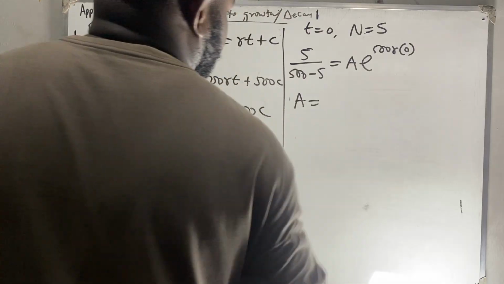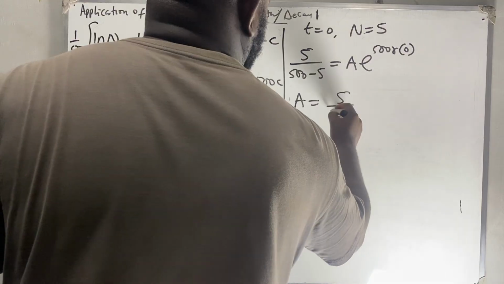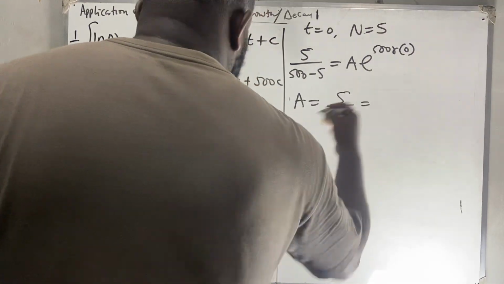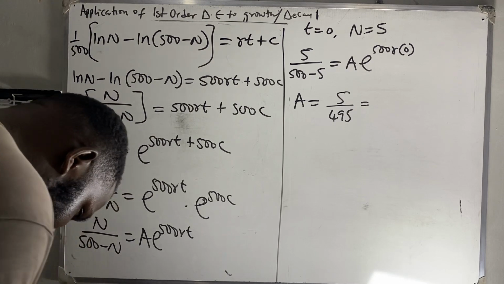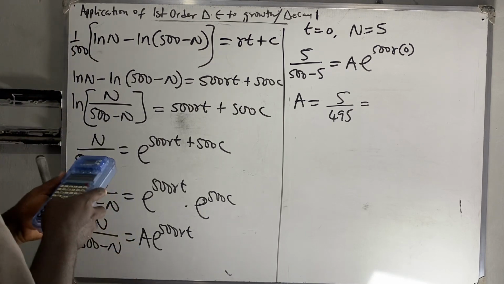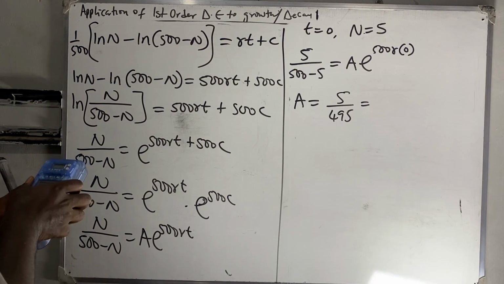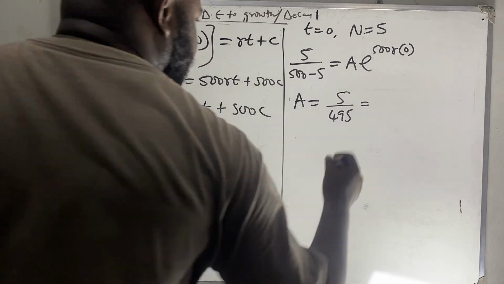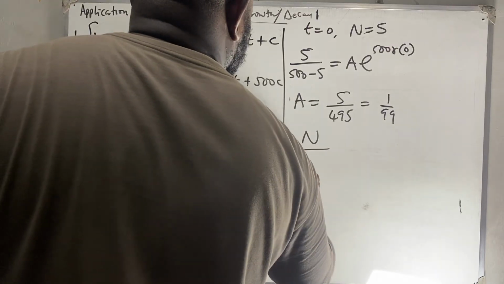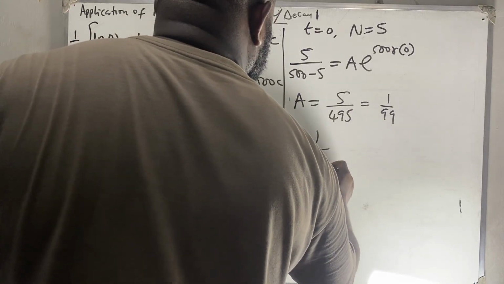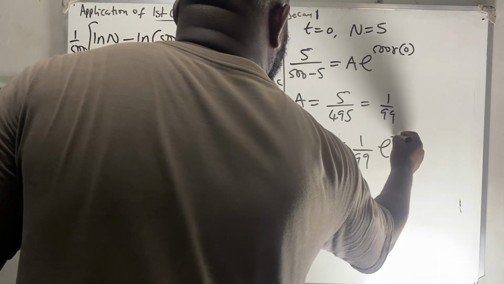So my a will be 5 over 495, that is 1 over 99. So the expression still becomes n over 500 minus n is equal to 1 over 99 exponential 500rt.